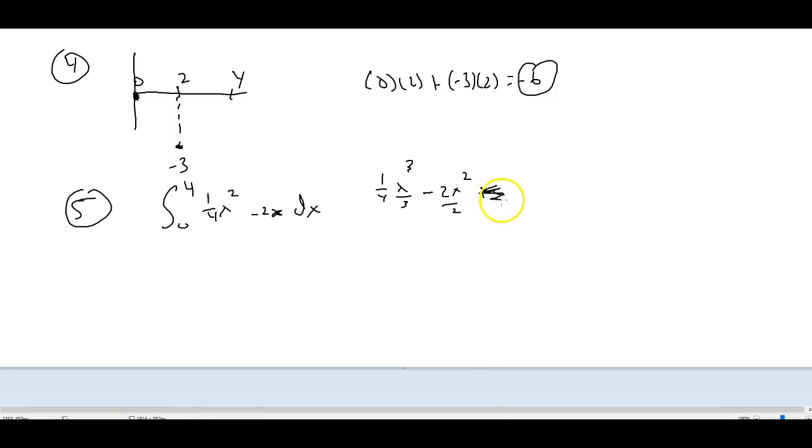But this thing's bounded, so I'm just going to start at 0. I don't need that plus c. So I'm going to plug in my 4, and I get 1/4 times 4 cubed over 3 minus 2 divided by 2 cancels out, so this is going to be 4 squared.